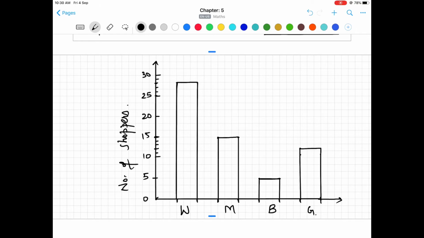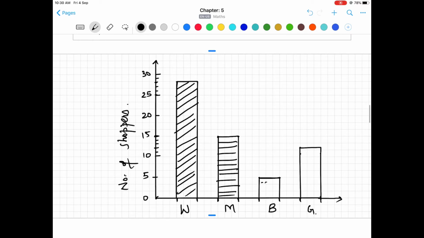Let's give them different shades. A shade like this for women. For men we'll give a shade like this. Boys dotted, and girls let's draw like this.